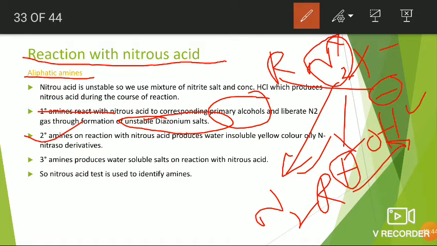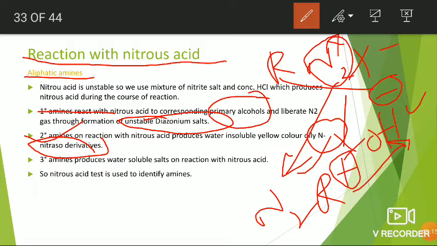The aliphatic secondary amine reacts with nitrous acid to produce an N-nitroso derivative. Secondary amines produce N-nitroso derivatives on treatment with nitrous acid. These N-nitroso compounds are generally yellow, oily compounds.